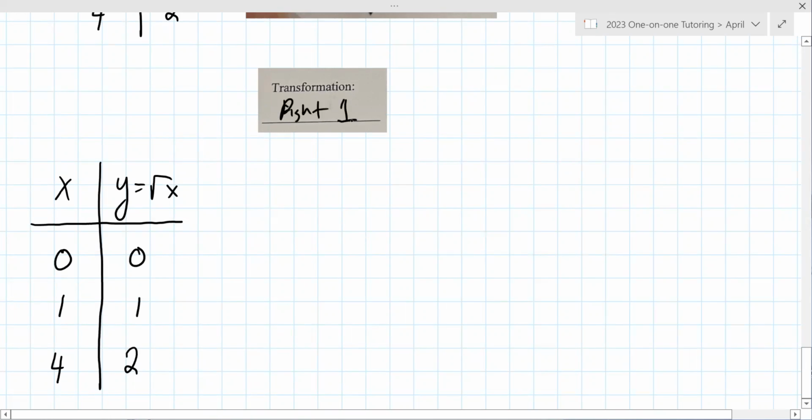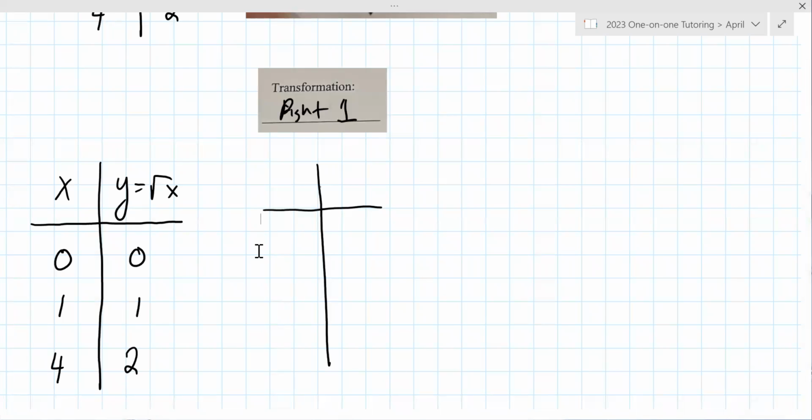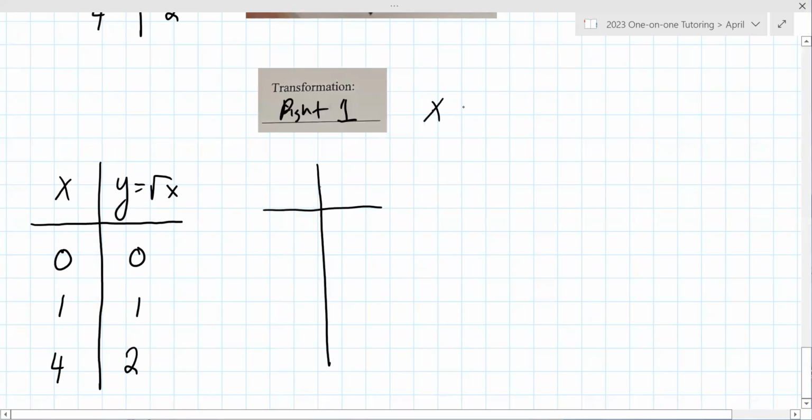Does that affect X or Y? Right one right there. I know what that is. I'm gonna tell you. X. It affects X. X becomes X plus 1.